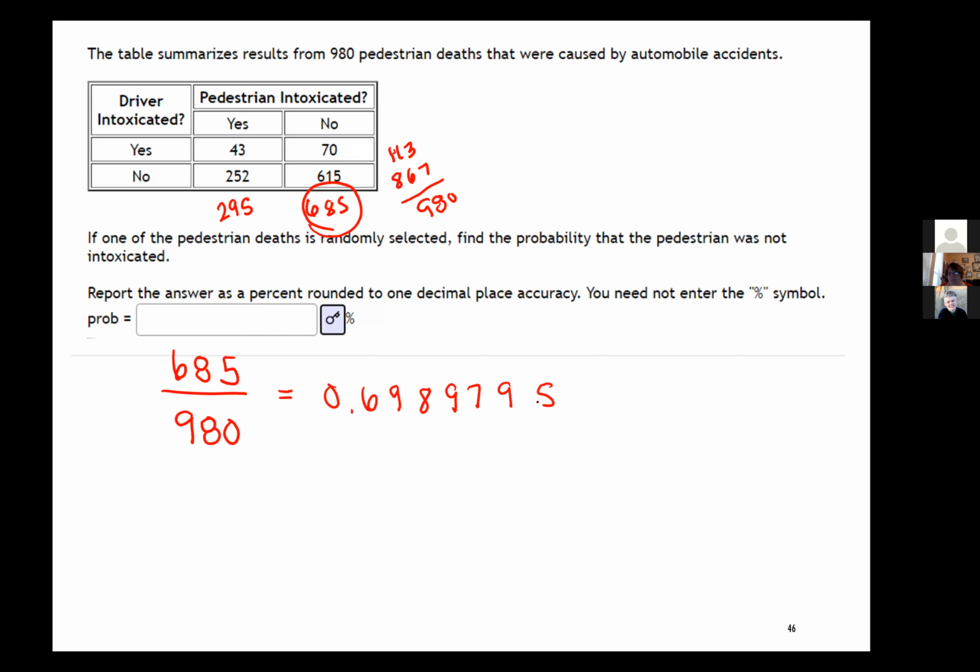Right, and they tell me to write it as a percent rounded to one decimal place. So we're going to move the decimal 2 places to the right, and then we're going to round the 8 up. So 69.9% were not intoxicated when they were involved in a traffic accident and killed. Okay.